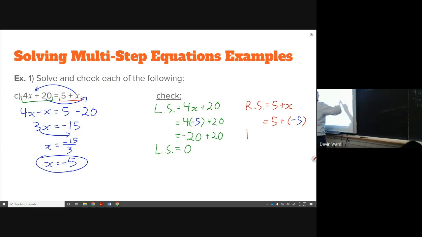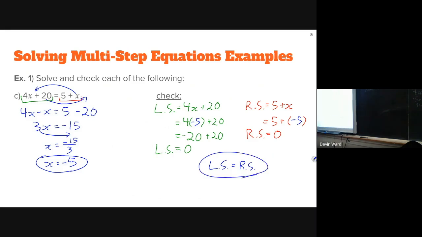My right side, I have 5 plus a negative 5, which is also 0. So they both equal 0, therefore my left side equals my right side. Okay? And I know with absolute certainty that x equals negative 5.